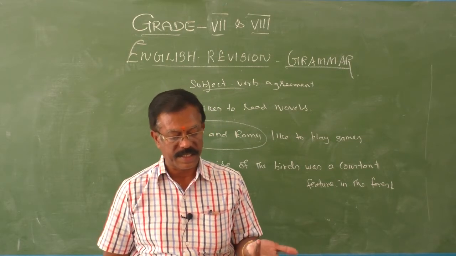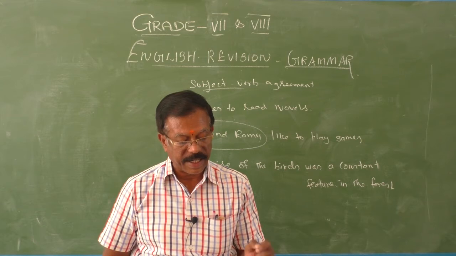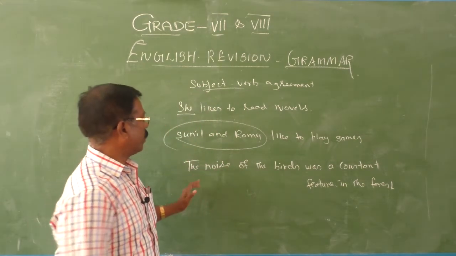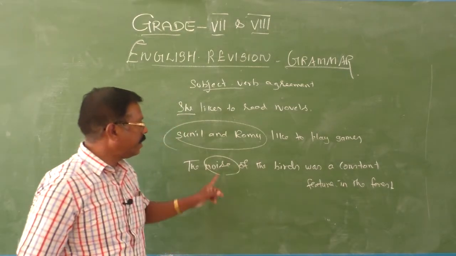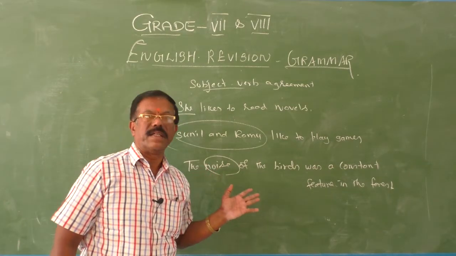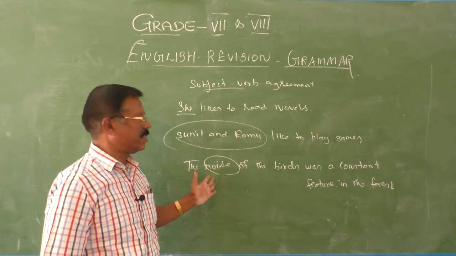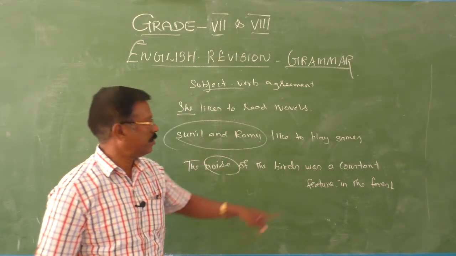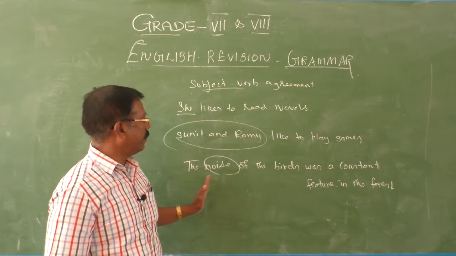In such cases, we have to identify the correct subject and use the verb correctly. For example, the noise of the birds actually was a constant feature in the forest. In this sentence, the real subject is noise only, not birds. The noise is the subject, so we have to use the singular verb was. It should go in agreement with the subject.